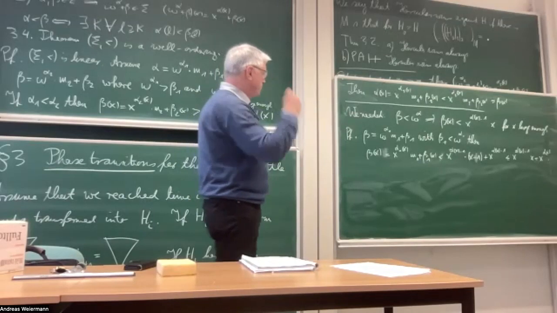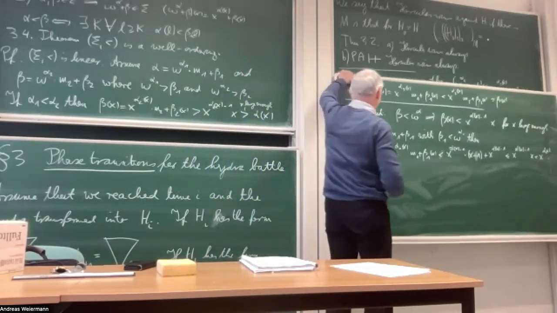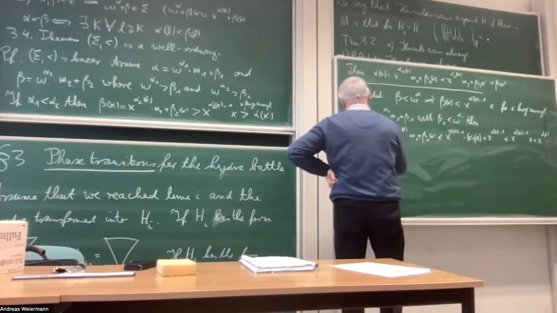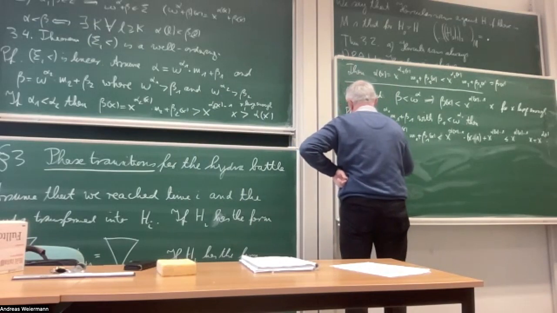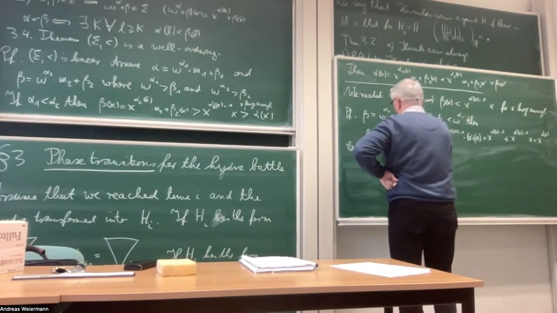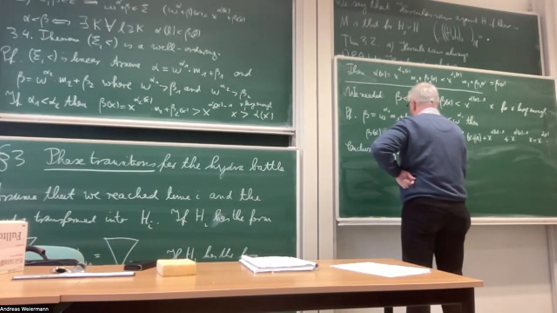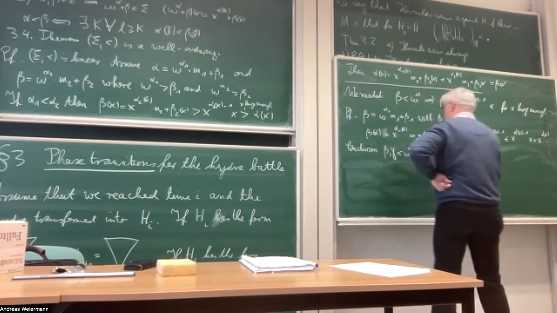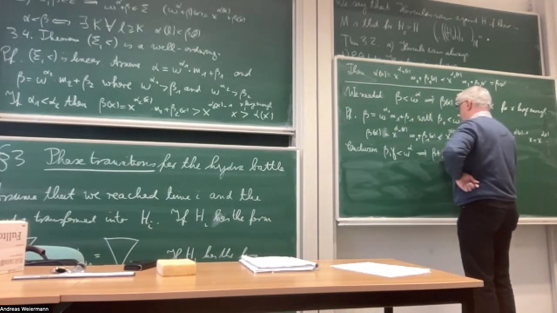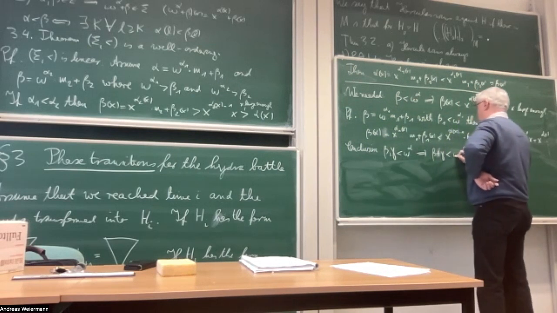And what this argument also shows is that if beta and gamma are smaller than omega to the alpha, then the function beta plus gamma is also smaller than omega to the alpha.